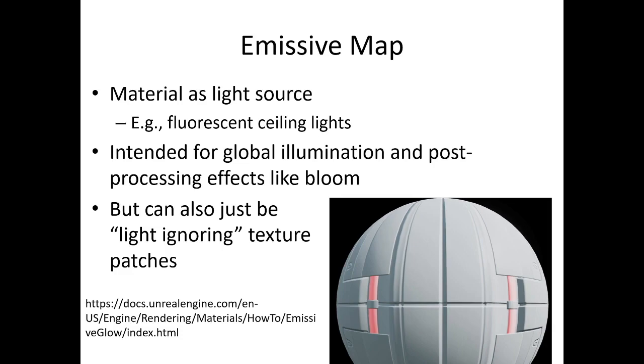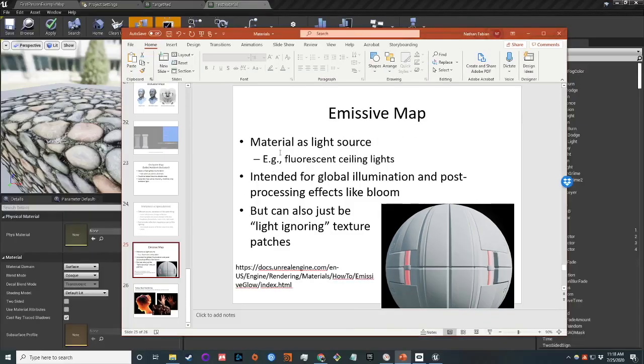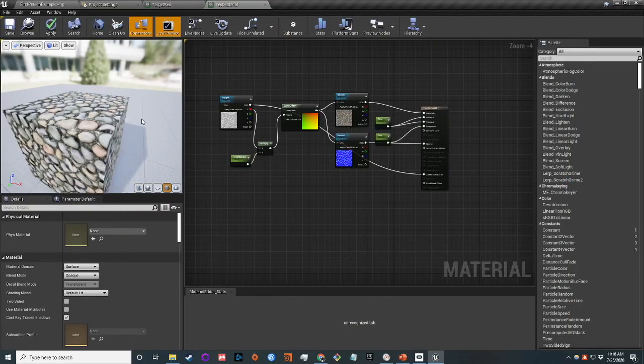It's also a case where if you have a patch where you simply want to ignore lighting for some reason and just have it be some color, so here we've got this reddish color showing through, then you can add the intensity that way, or just get the extra intensity where you want a strip of material. So let's take a look.